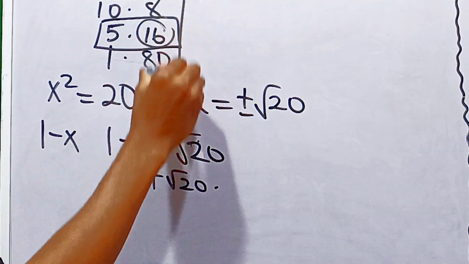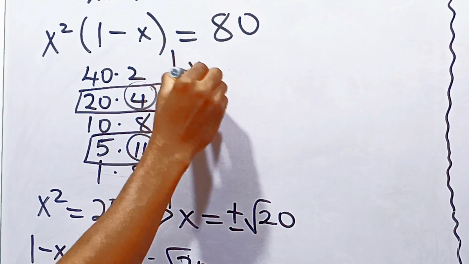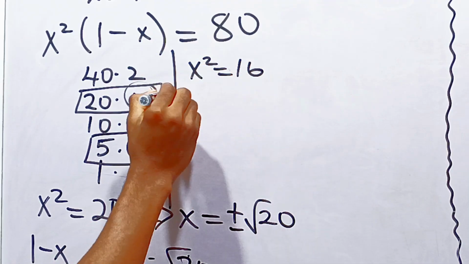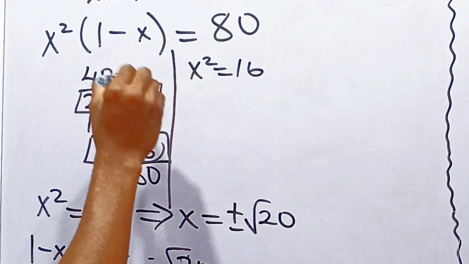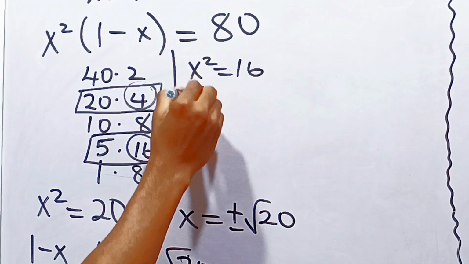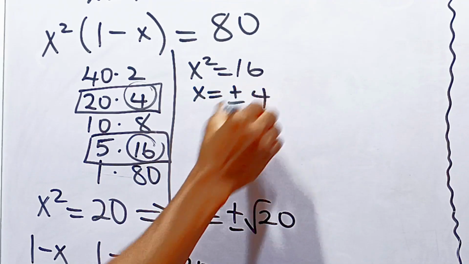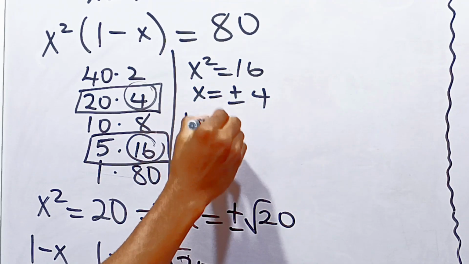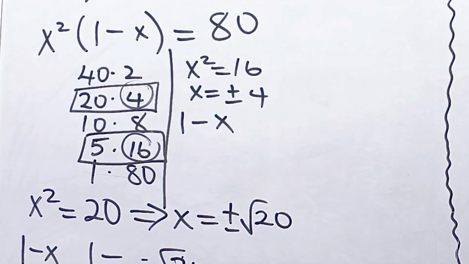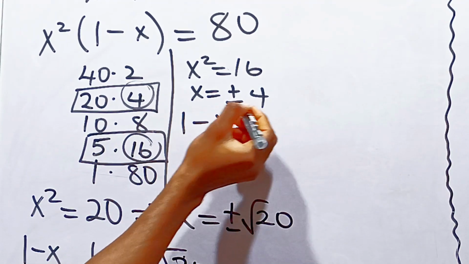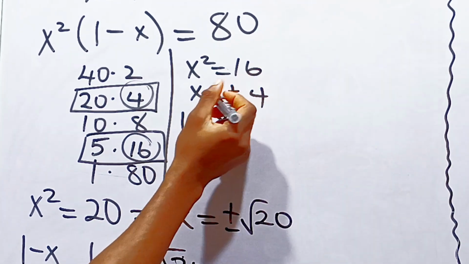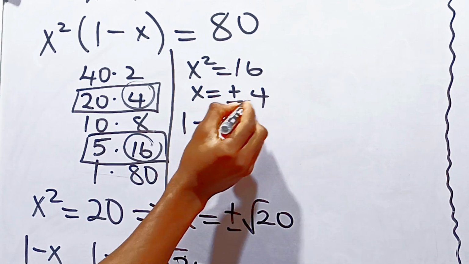So we have that x squared will be equal to 16, and we're required to find 1 minus x. If x squared is 16, then x is equal to plus or minus 4. Let's take the negative answer for x here.